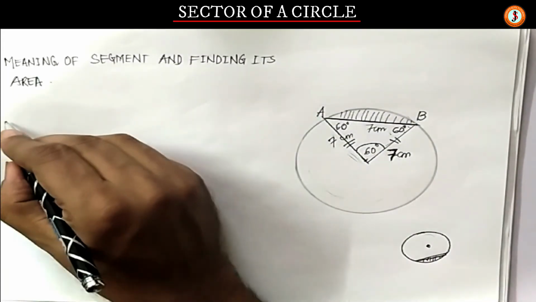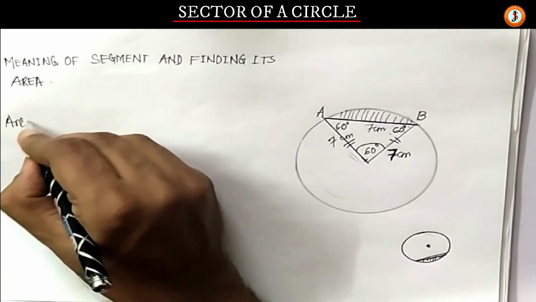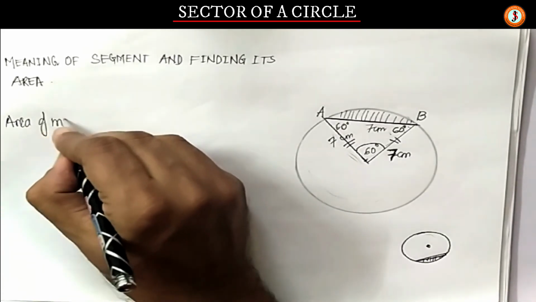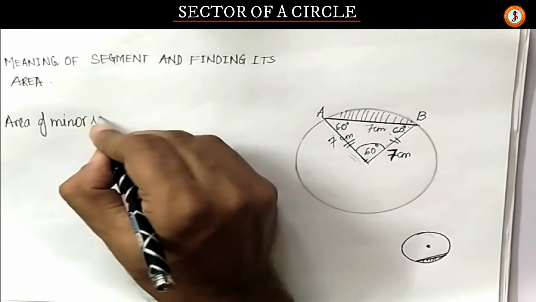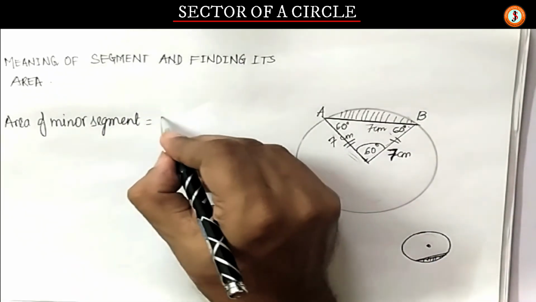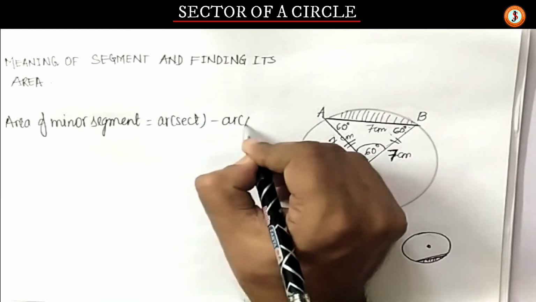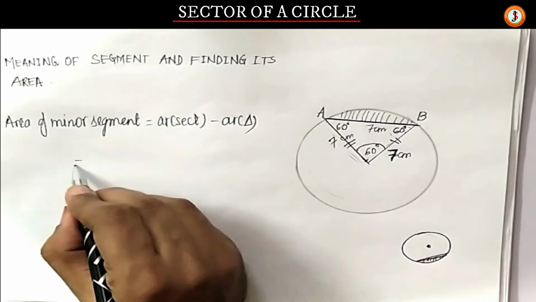So area of the minor segment will be area of sector minus area of the triangle which is formed. So it's easy.